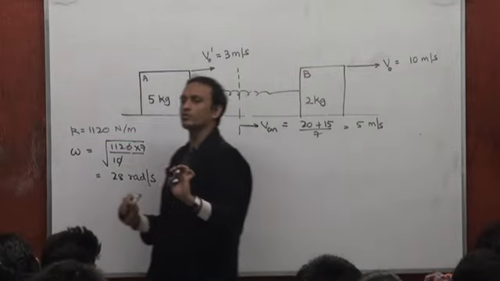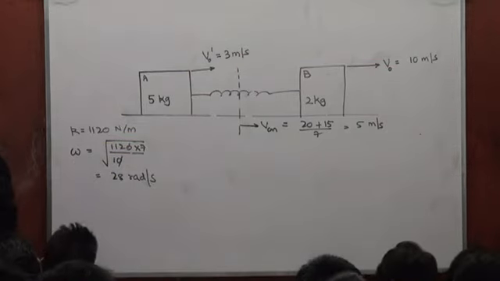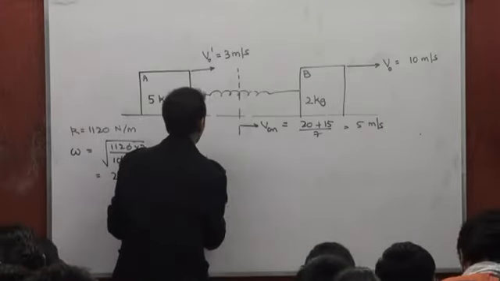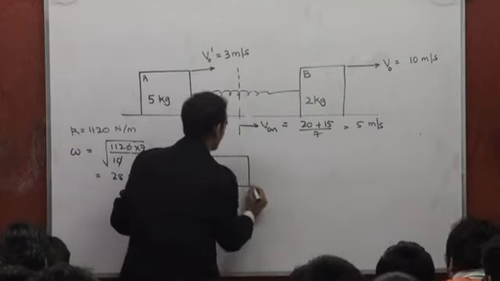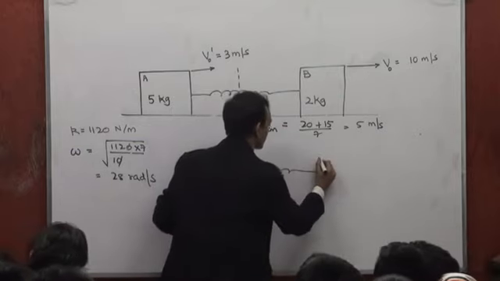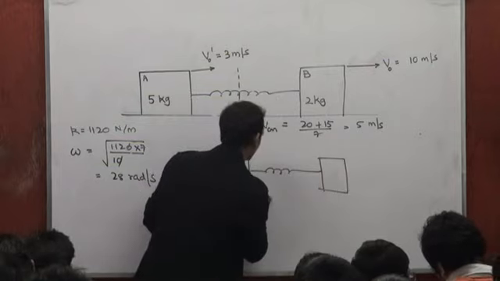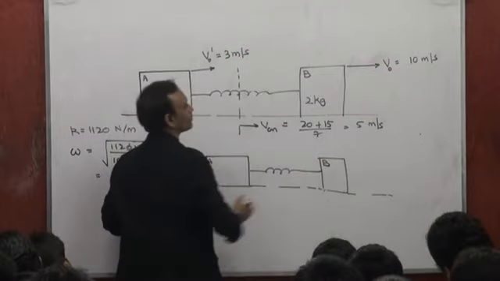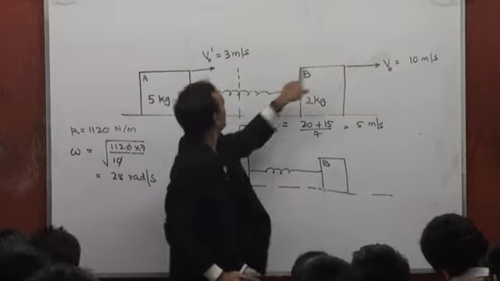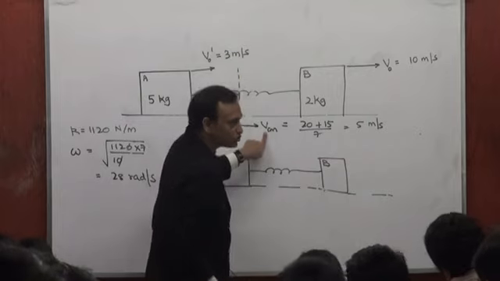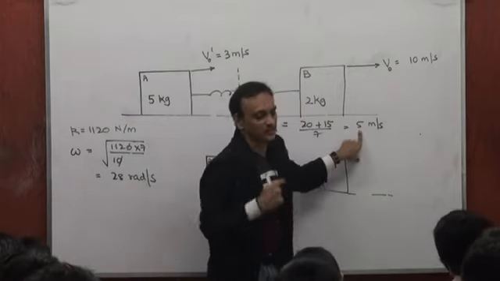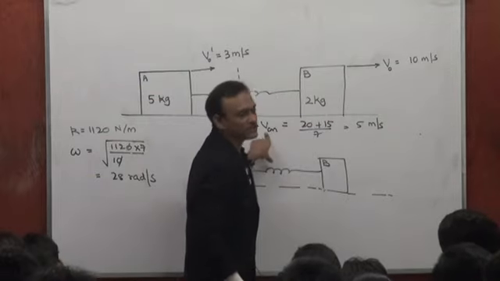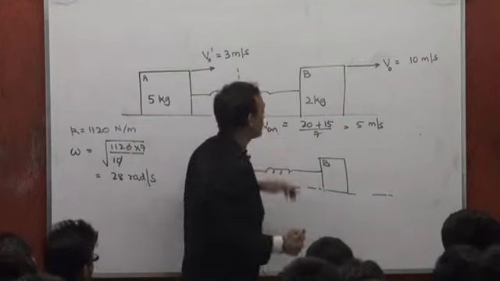So if I'm looking at both the masses A and B in the center of mass frame, then the velocity of B must be 10 minus 5 meters per second to the right.